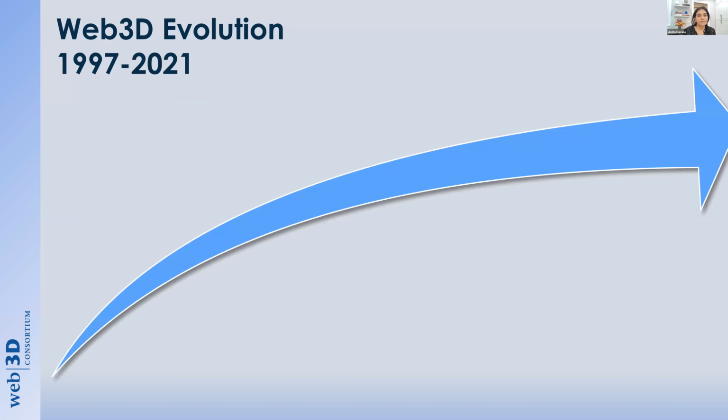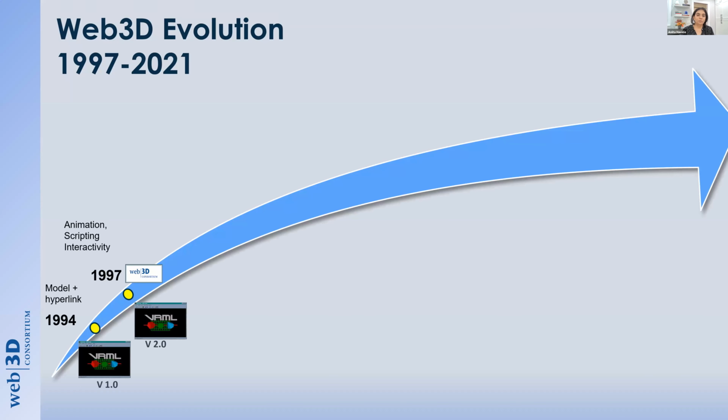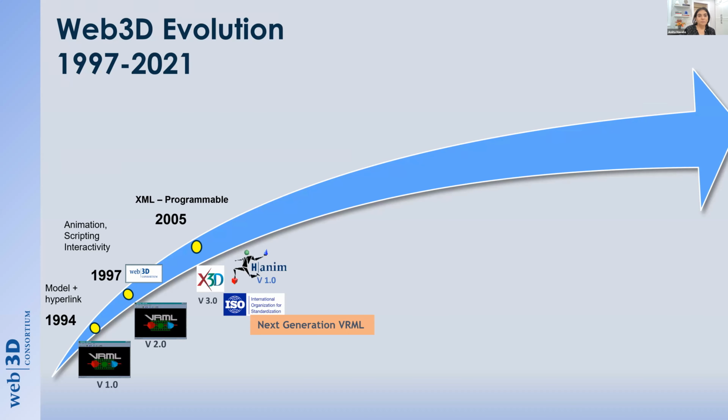So we started in 1994 with VRML. In 1997, the Web3D Consortium was formed. And in about 3 years, we developed X3D version 3.0, which was the next version of VRML. VRML 2.0 became version 3.0.